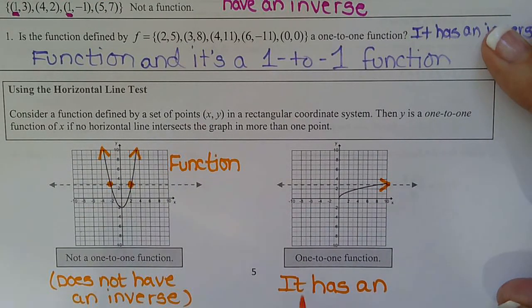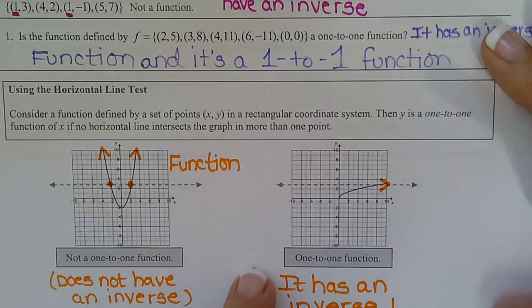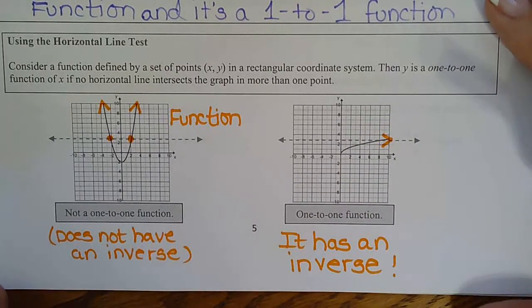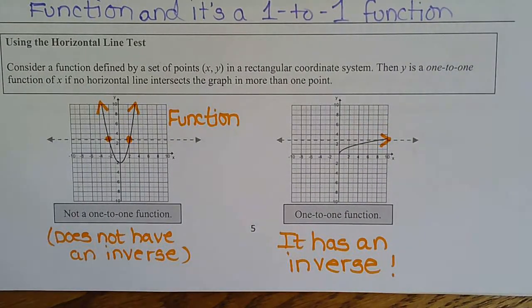That's what 1-to-1 means. I'm going to write it every time because I want you to think of these as interchangeable. 1-to-1 function means it has an inverse. Okay, so the vertical line test tells us if it is a function. The horizontal line test tells us if it's a 1-to-1 function, and it has to pass both tests in order to be 1-to-1. It can't just be one or the other.